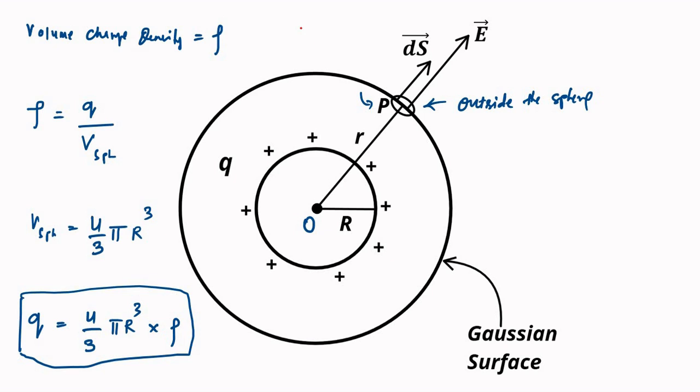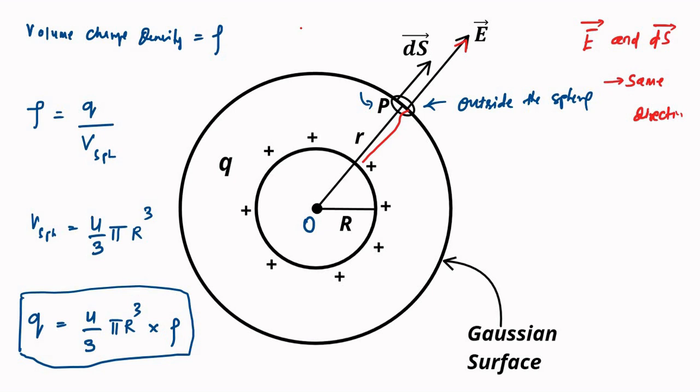So this is the positive charge. So this is the electric field vector. Here both the electric field vector and the area element vector are in the same direction throughout the sphere.